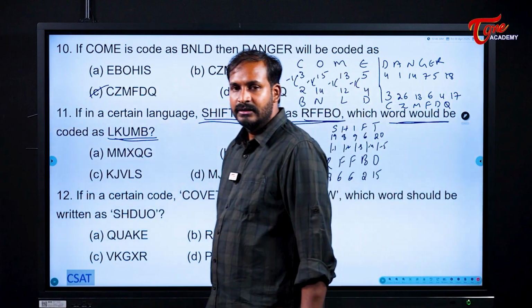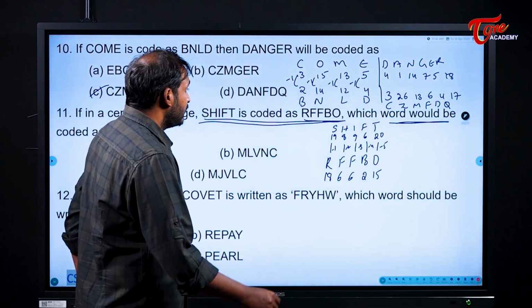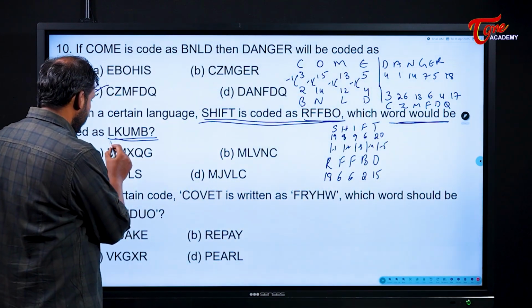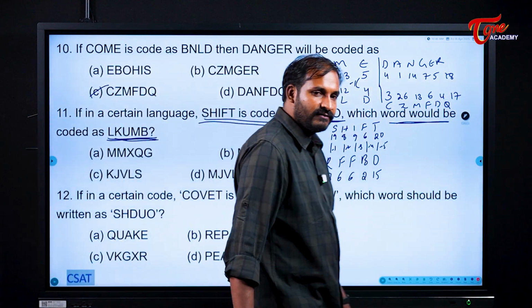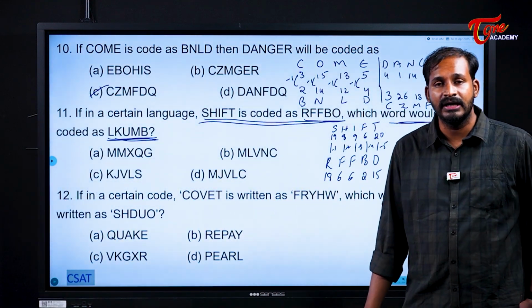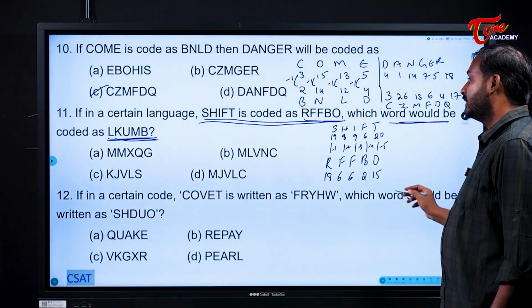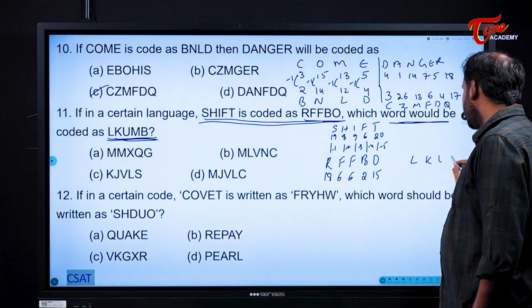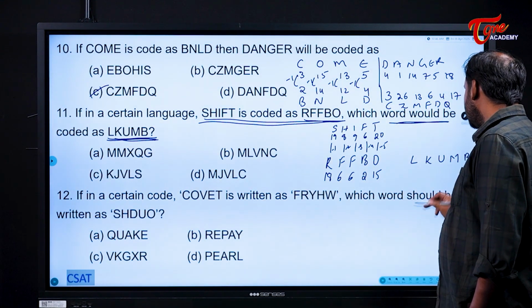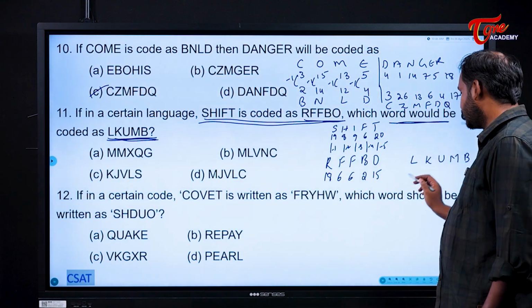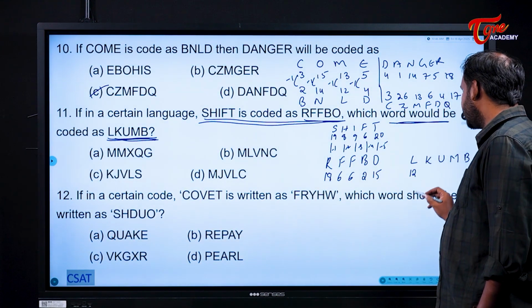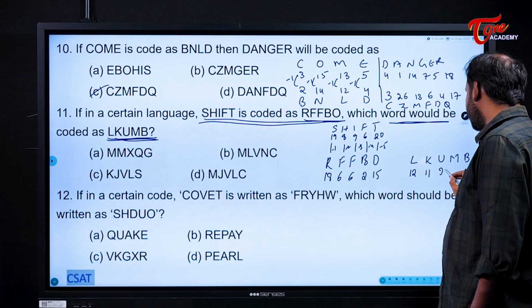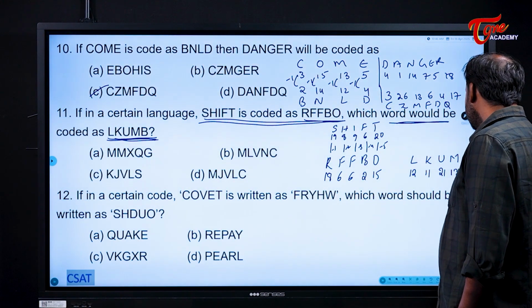Now see, in the last, which word will be coded as this? They gave us the code, not the word. What is the code they gave us? LKUMB. So L is the 12th alphabet, K is 11th, U is 21st, M is 13th and B is 2nd.